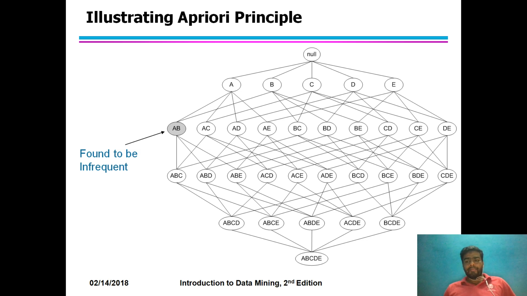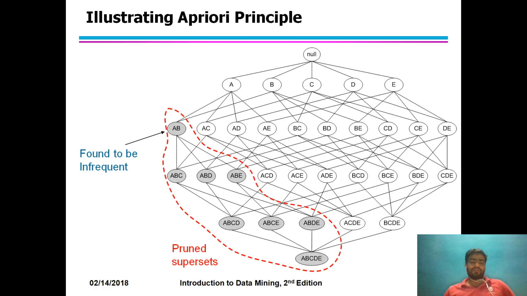Now, if any one of the item sets is infrequent, consider for example AB. Let us assume AB is found to be an infrequent item set. Then all of its supersets will also be infrequent, because if A and B is found to be infrequent, then its superset combinations are also infrequent.